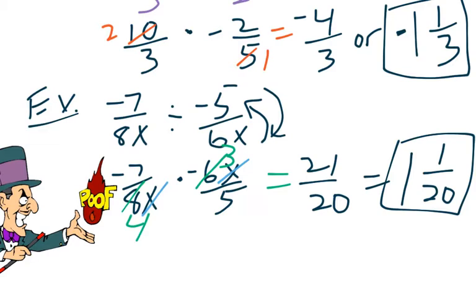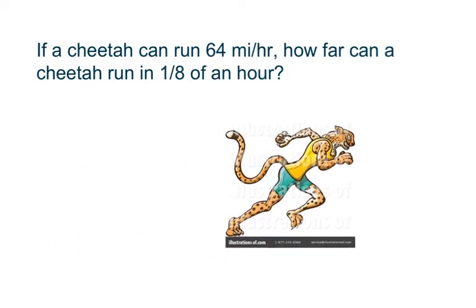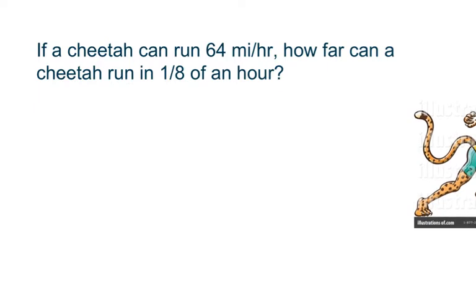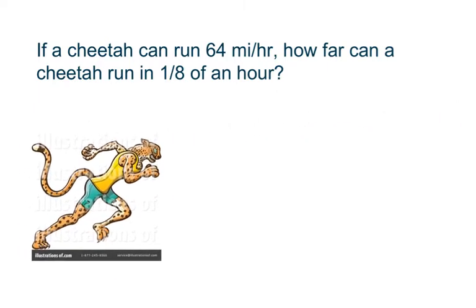All right, let's apply what we've learned onto a word problem. If a cheetah can run 64 miles per hour, how far can a cheetah run in 1/8 of an hour? Well, basically, we're thinking here of 1/8 of 64. The reason we are is because 1/8 of an hour represents a part of the whole hour, which is 64 miles that it covers.